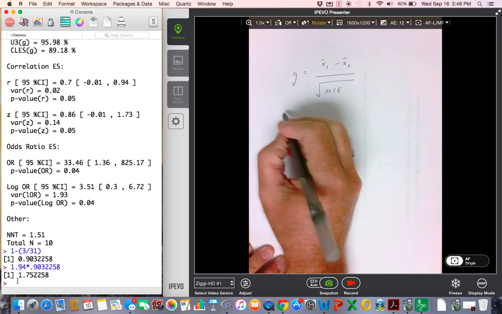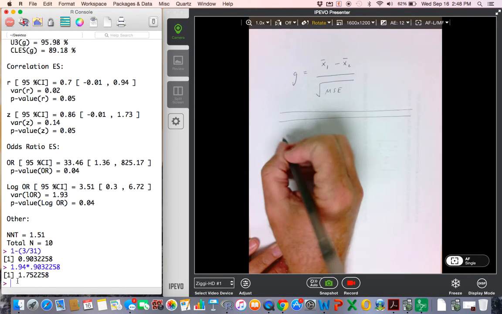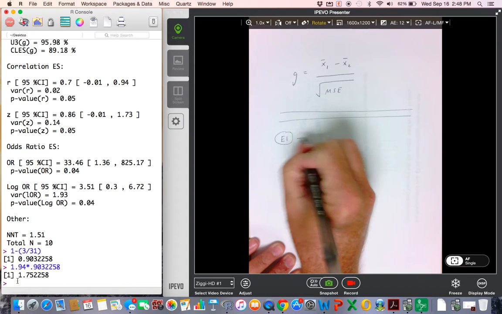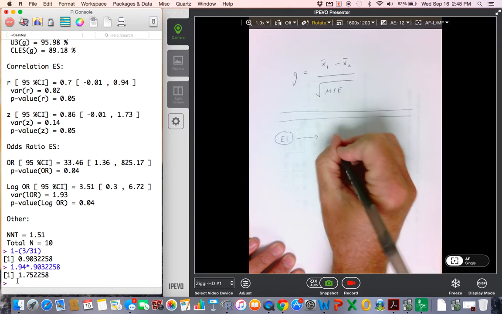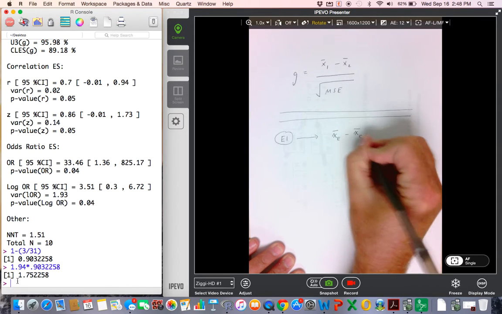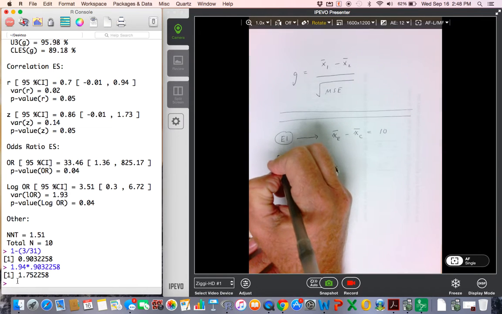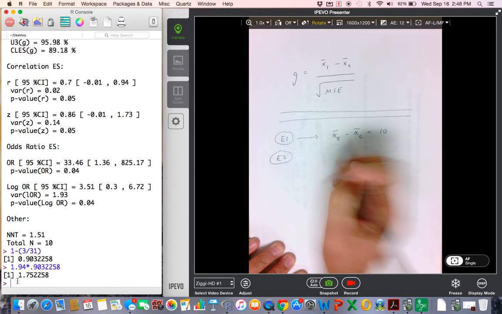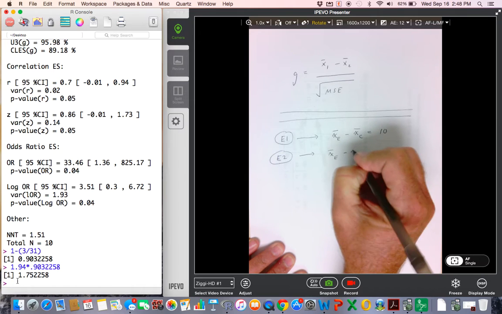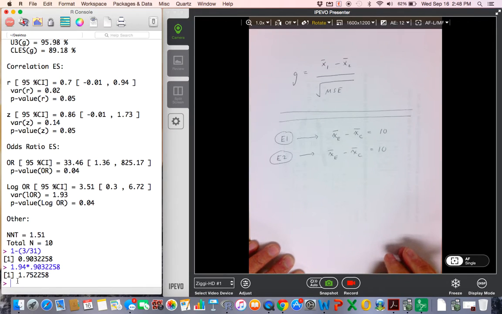Yeah, I'll tell you what, let's talk about variation within the distribution. Let's say that we have experiment number 1, and we see that the mean difference between the experimental group and the control group is 10. And we have another experiment, experiment 2, and we see that the difference between the experimental and control group is also 10.